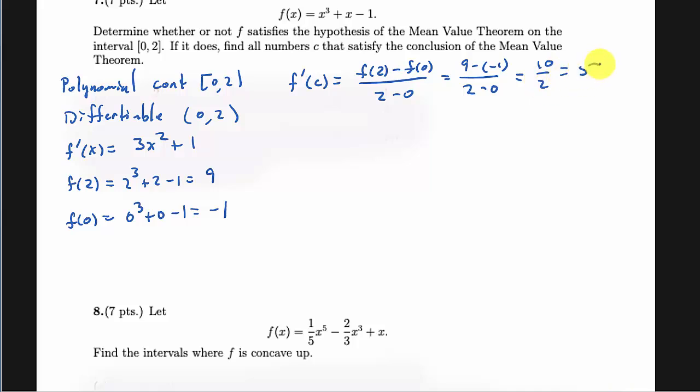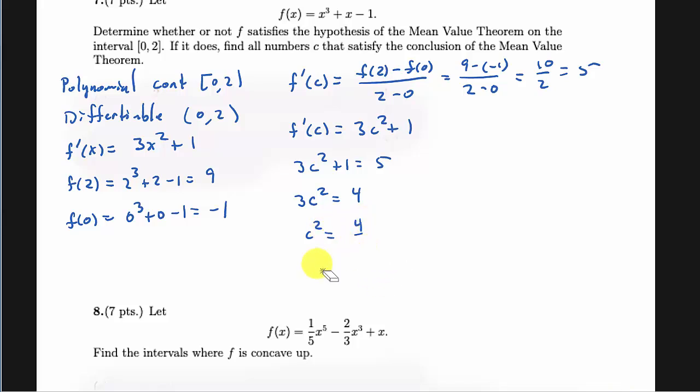So we have f prime of c is equal to 5. Well, we're looking for the values of c, right? So f prime of c is equal to 3c squared plus 1. We're taking the c and plugging it into there. So we got 3c squared plus 1 equals 5. So 3c squared equals 4. c squared equals 4/3.